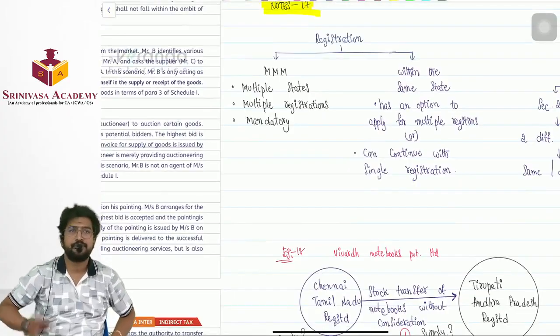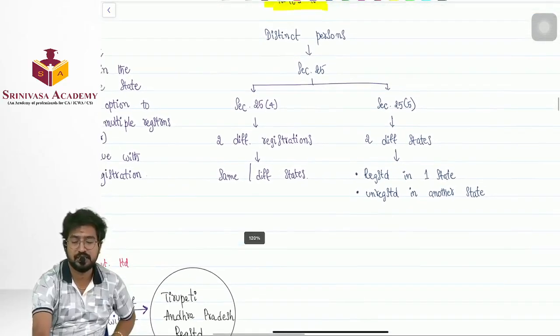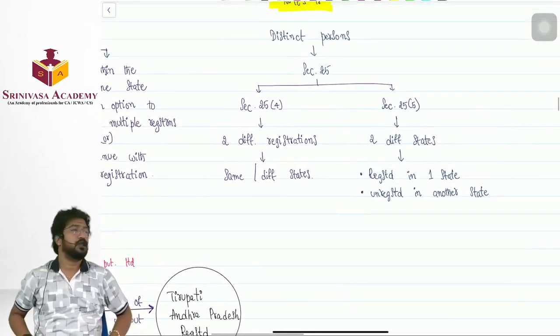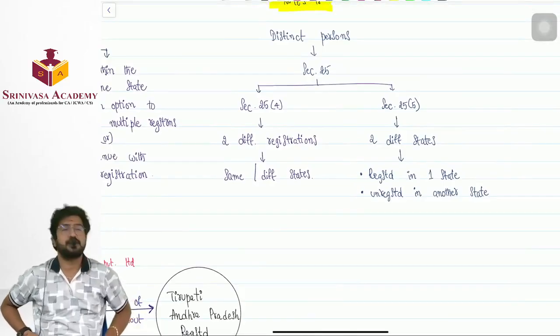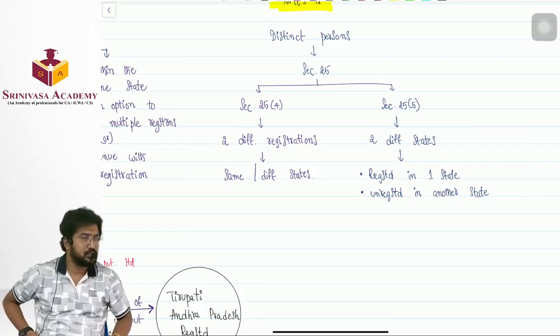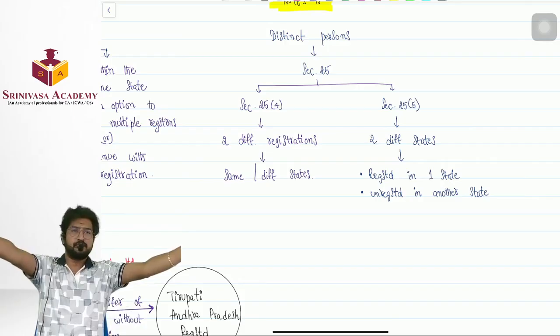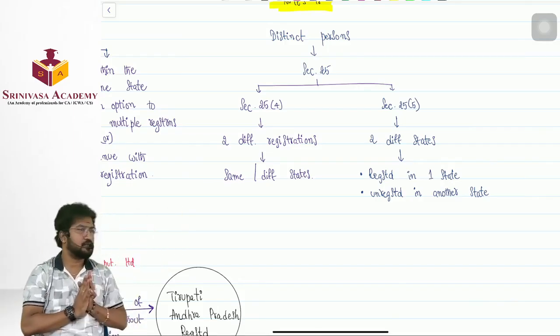Am I clear? Now, why did I teach this to you? To teach the concept of distinct persons. Listen carefully: distinct persons means two varieties are there. First, related person versus distinct person, what is the difference?